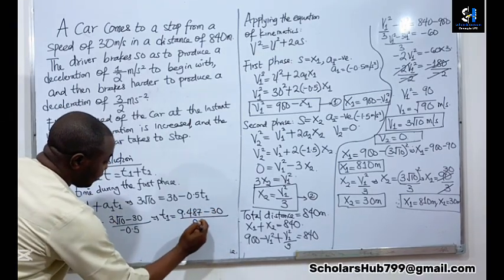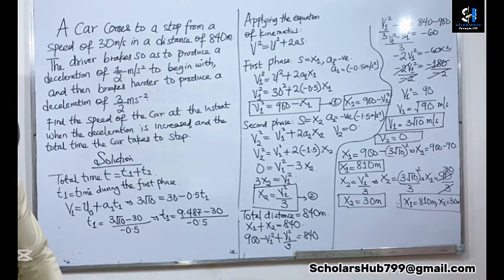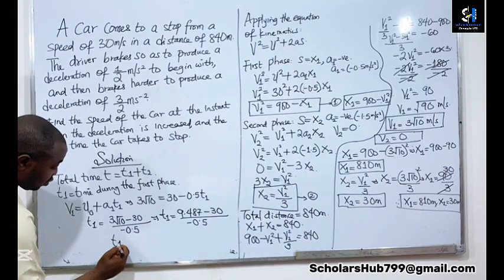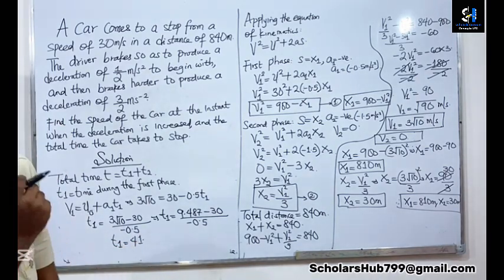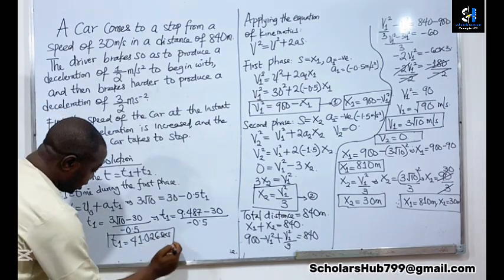Then 9.487 minus 30 is negative 20.513, divided by 0.5. So the answer for t1 will be 41.026 seconds.